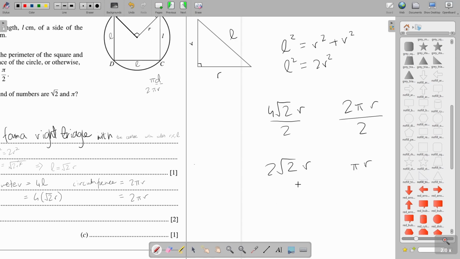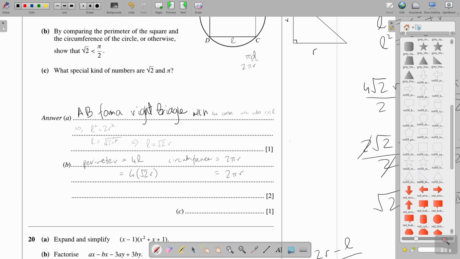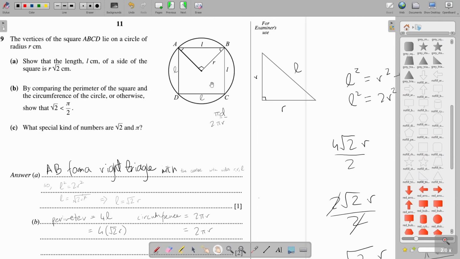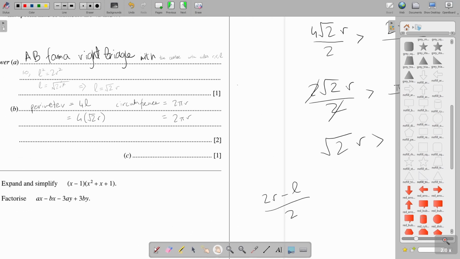Okay, we can divide by 2 again, so that leaves square root of 2 r, and this just leaves pi r over 2. Okay, so we know that the circumference is going to be bigger than the perimeter, right? So we know that this side is bigger than this side.